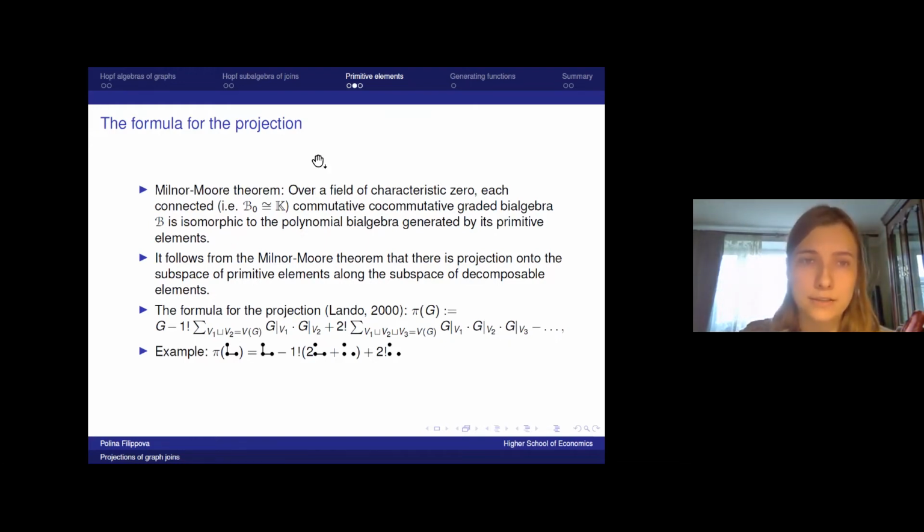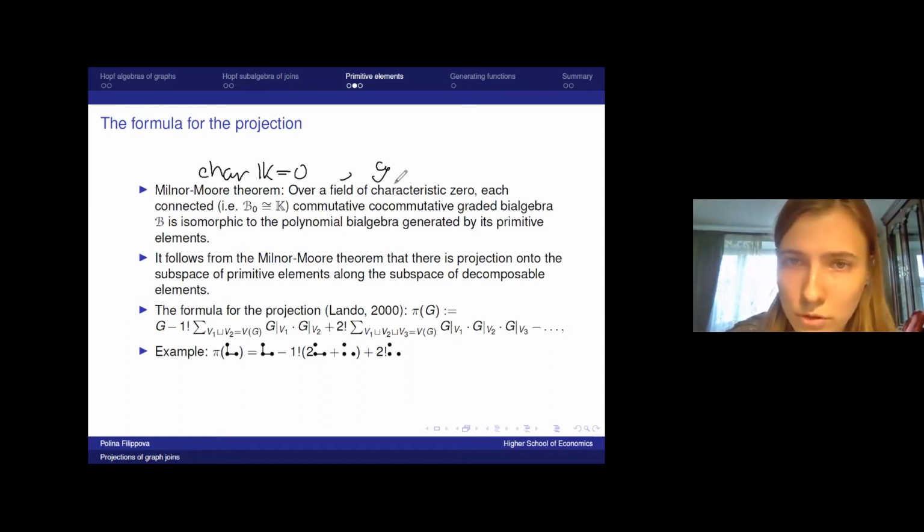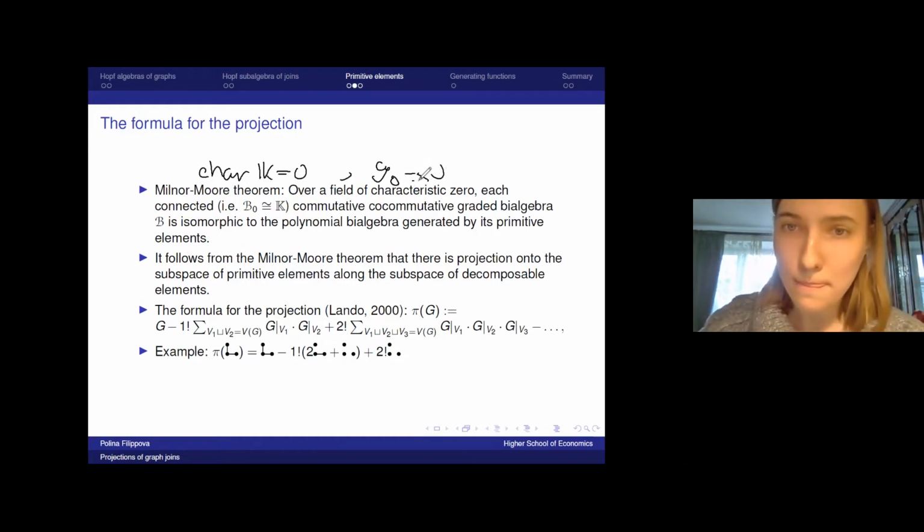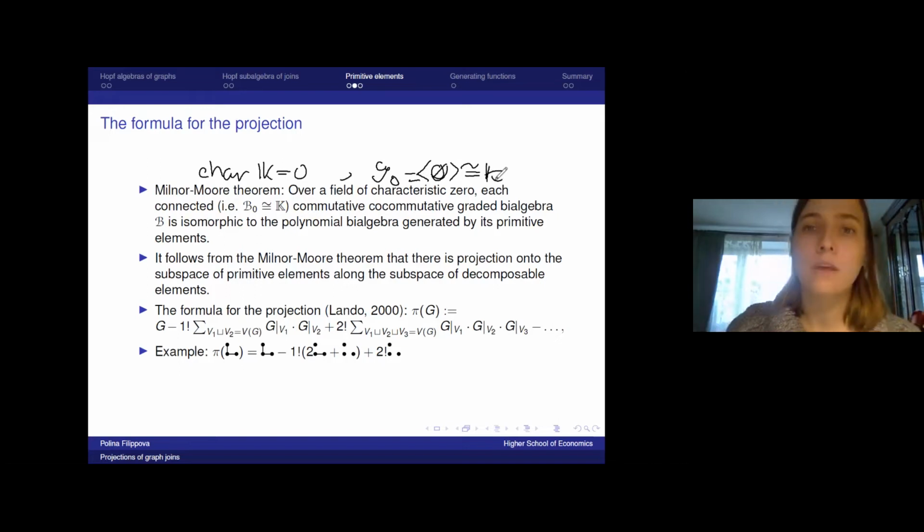We just state that we work over fields of characteristic 0. And our bialgebra is connected because G0 is generated by one graph, so it is isomorphic to the field.